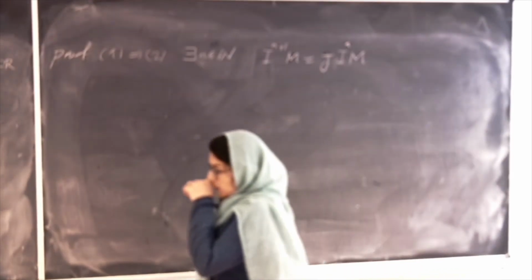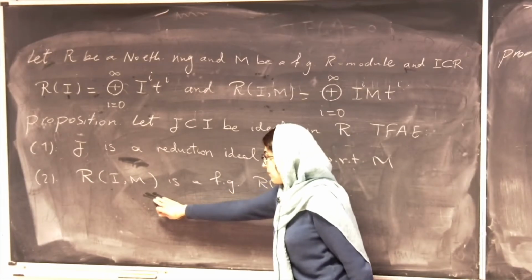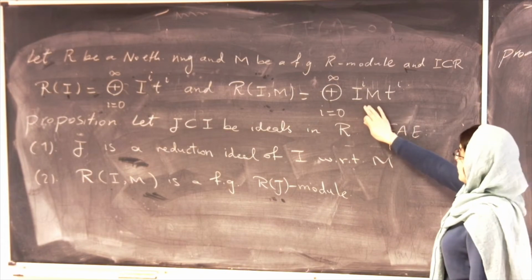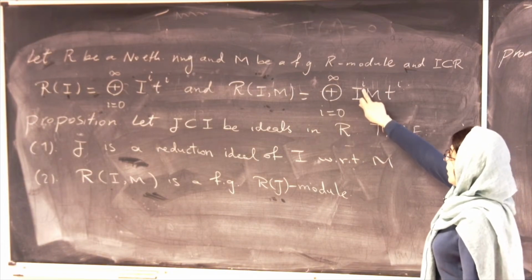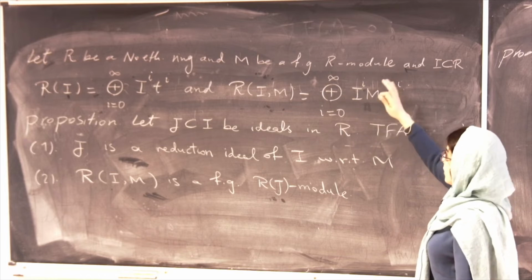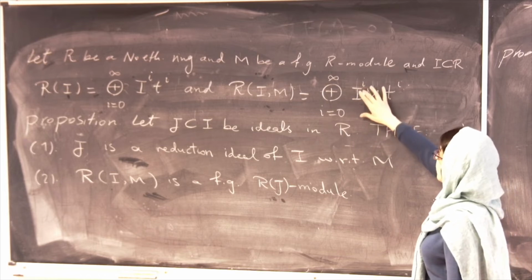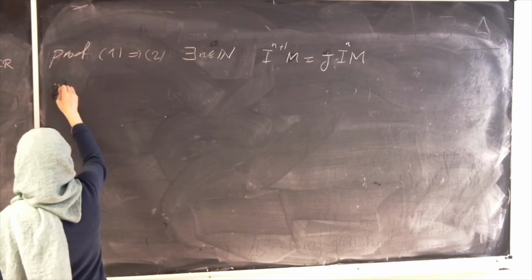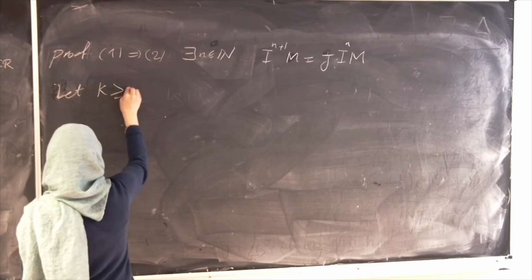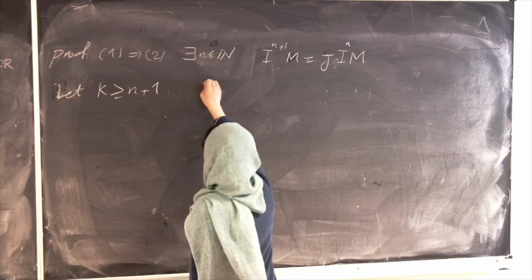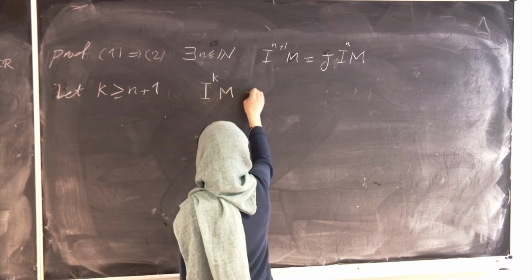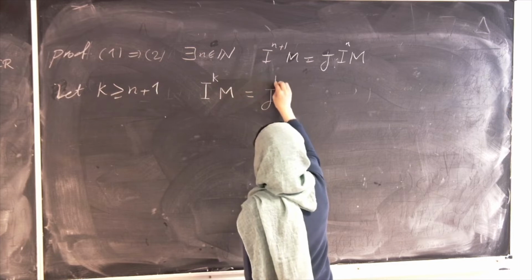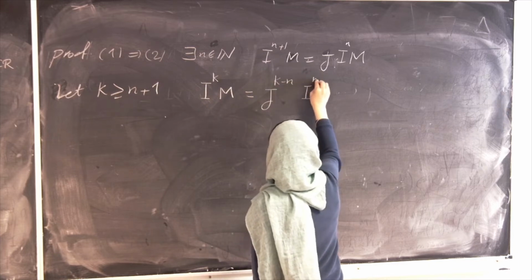So we want to show that the Rees module is finitely generated over the Rees ring of J. Looking at the Rees module, if we consider the high degrees, I mean the components of degree n+1 and larger, for any k greater than or equal to n+1, I can write I^k M by this equality again as J^(k-n) I^n M.